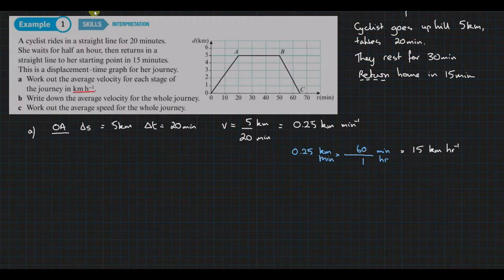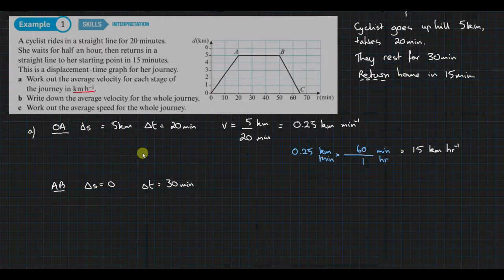Don't need to go through any other more complicated sections. That's exactly what they've got in their calculation. They just gloss over the 60-minute bit. This is a little bit more expressive. We need to do the other two lengths. So AB, delta S is 0, T is 30.